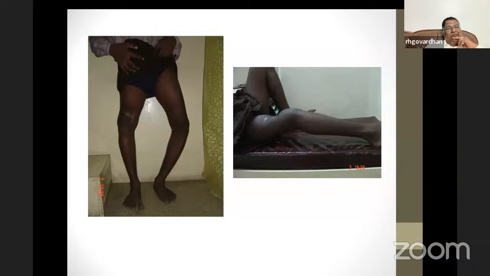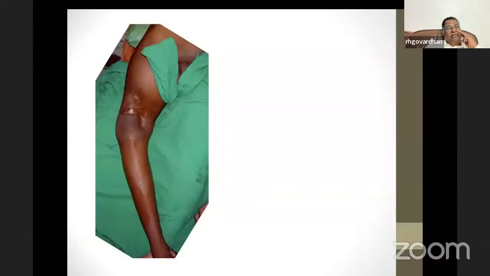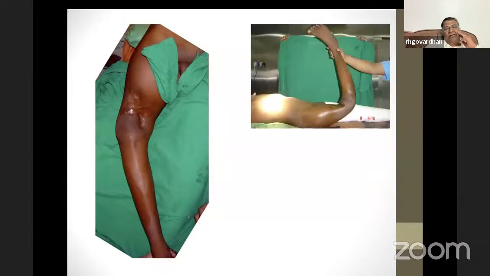One more example of a boy who presented with post-traumatic deformity of the right lower limb. You can see that he has got a bilateral varus deformity, but on the right side, he has got a cicatrix in the front of the thigh, which is binding the quadriceps. He doesn't have much movement in the knee. And in this video, you can see in the frontal view that he has got a gross varus deformity.